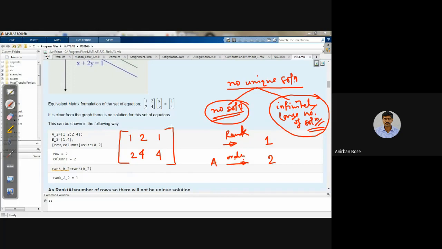If you consider this as a matrix, this is called the augmented matrix. Simply written, it is A separated by B. This is the augmented matrix.